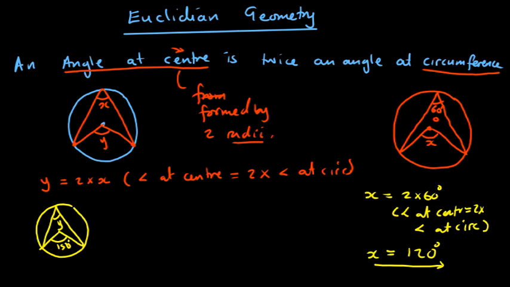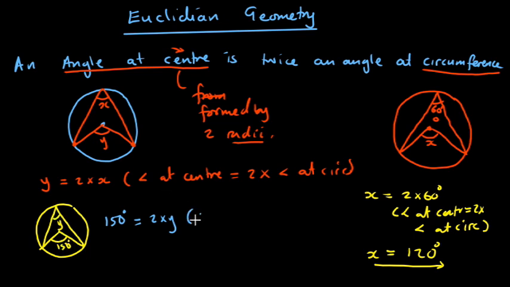Of course, not a problem, because I would say that this 150 degrees, which 150 degrees is this one, is equal to 2 times y, right? This 150 is 2 times y.